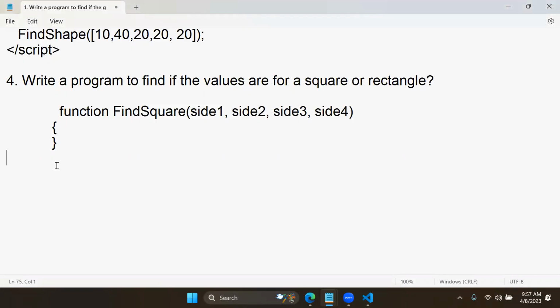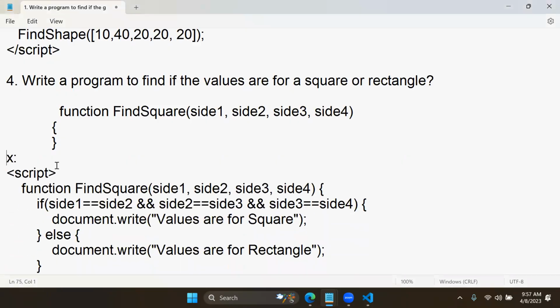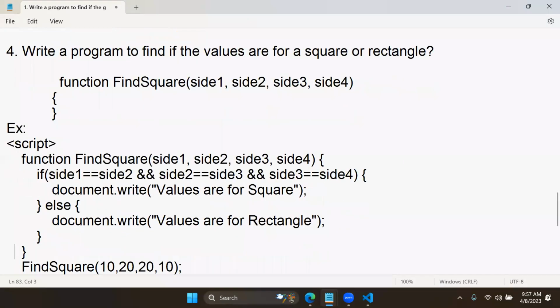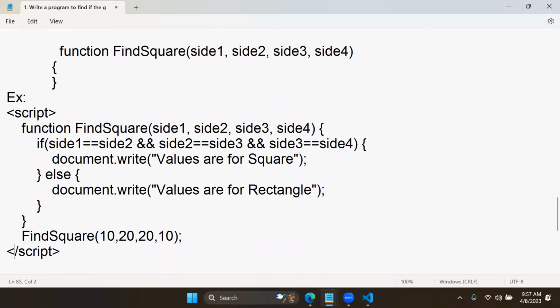Understood? This is the condition. So if side 1 is equal to side 2 and side 2 is equal to side 3 and side 3 is equal to side 4, then all sides are equal.